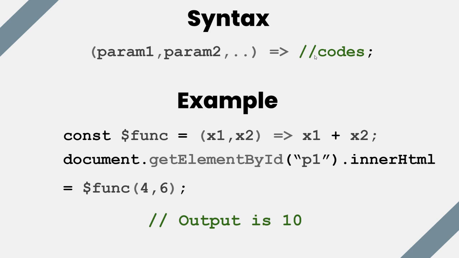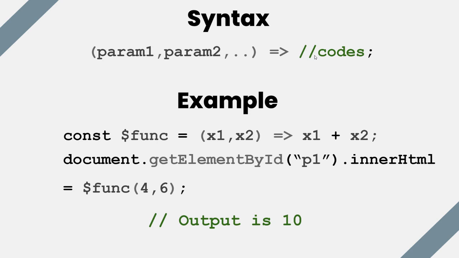And after those symbols, we have our code x1 plus x2. So here the function keyword is not needed, the return keyword is also not needed, the function name is not needed, and also the curly braces are not needed.